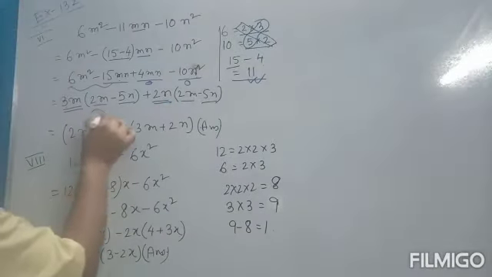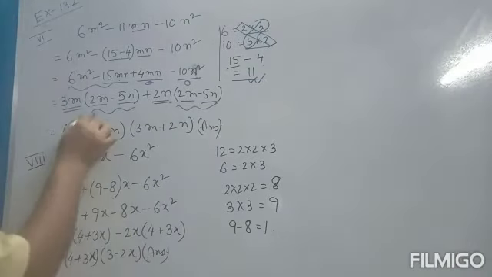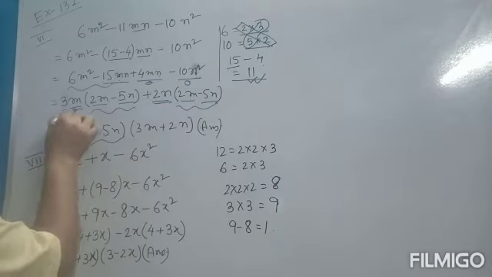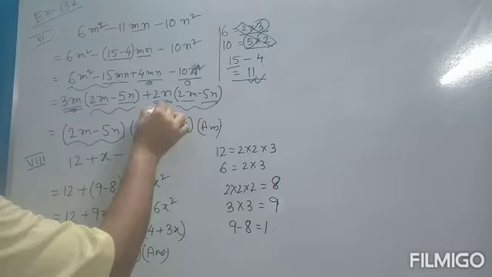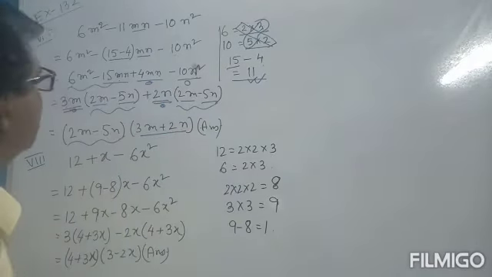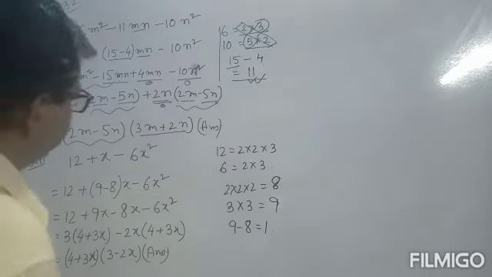Now 2m minus 5n is common to both terms, so we take 2m minus 5n common, remaining is 3m, and from this is 2n. So this is the answer, 2m minus 5n into 3m plus 2n.